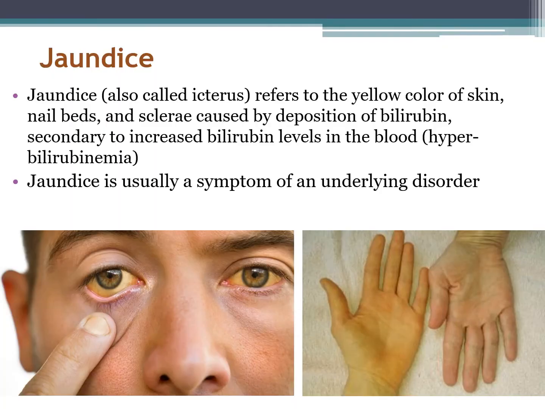Now talking about jaundice. Jaundice is also called icterus. It refers to yellow color of skin, nail beds, and sclera caused by deposition of bilirubin, secondary to increased bilirubin levels in the blood. It is called hyperbilirubinemia. Jaundice is usually a symptom of an underlying disorder.